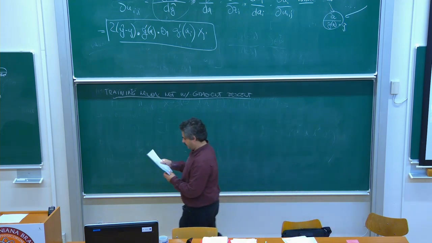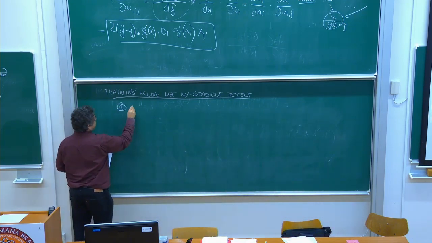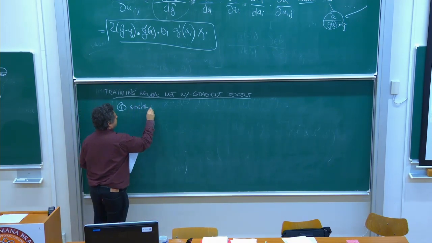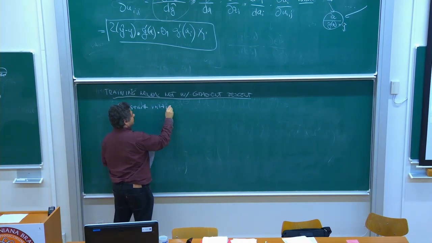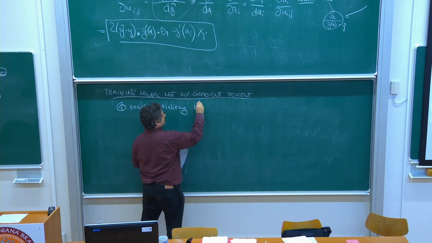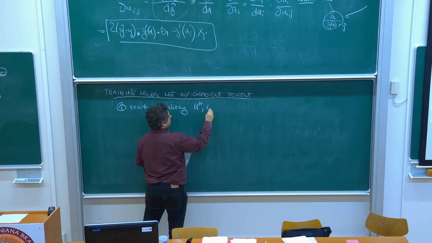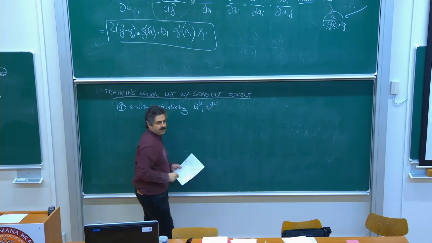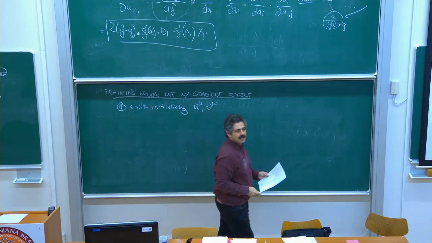So basically, first you start by initializing some u0 and theta 0, so the zeroth version of the parameters.